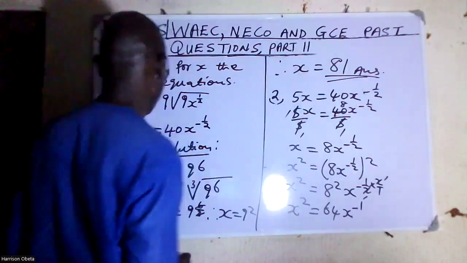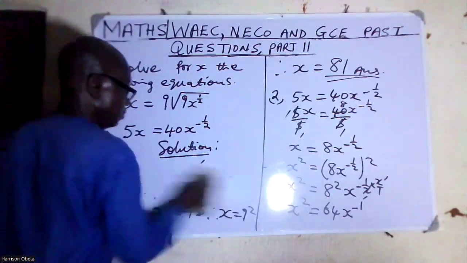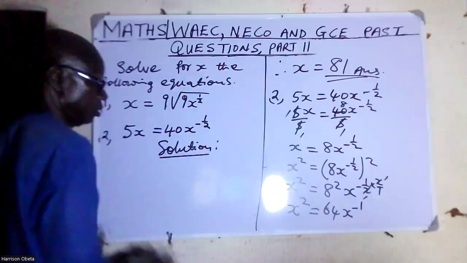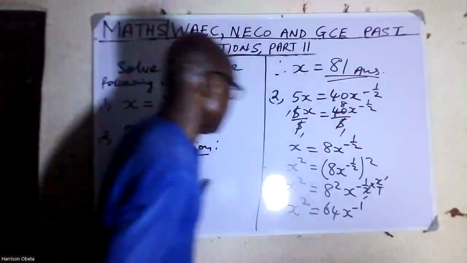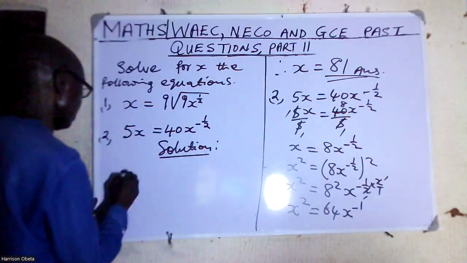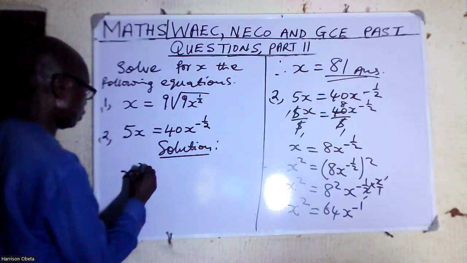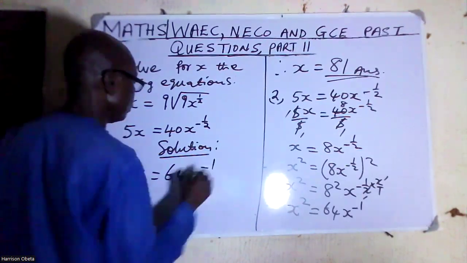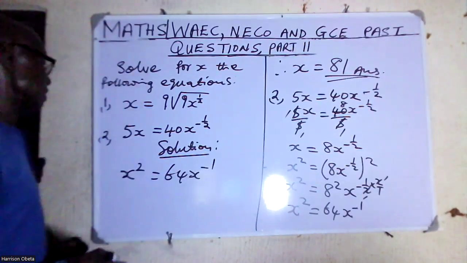From here we are coming back. We have x raised to the power 2 is equal to 64 x raised to the power minus 1.